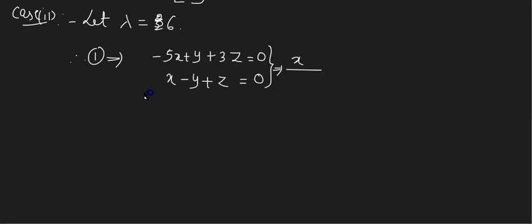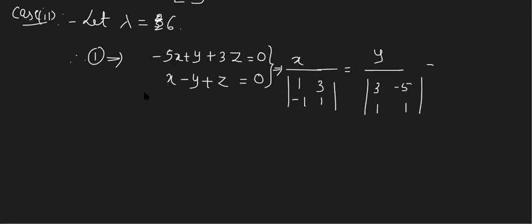So x upon 1, 3, 1, 1. y upon 3, 1, minus 5 and 1, correct? z upon minus 5, 1, 1 minus.